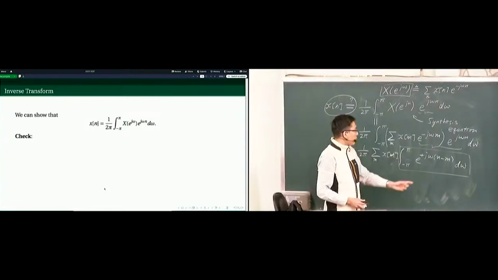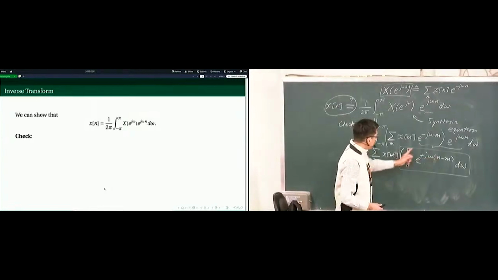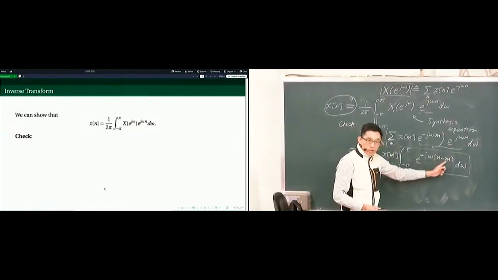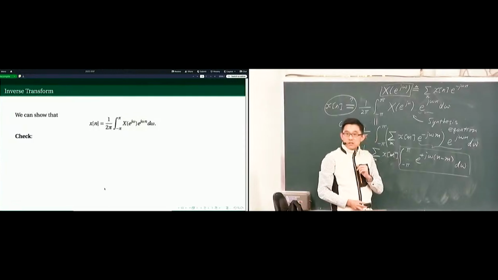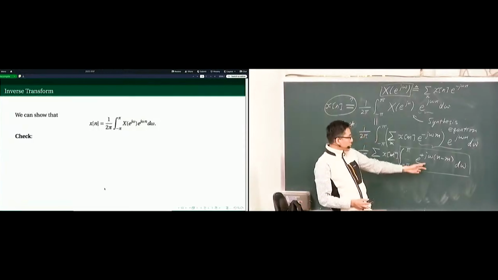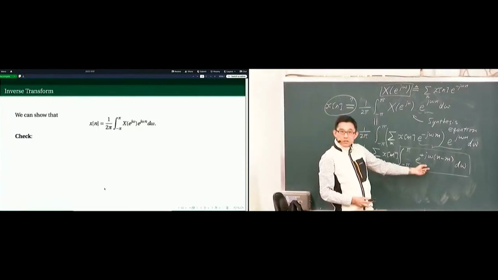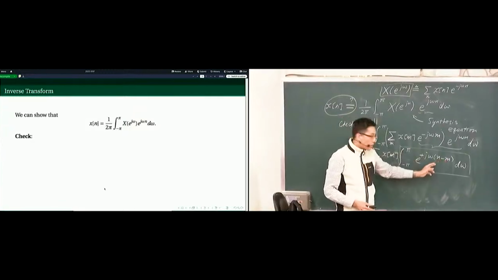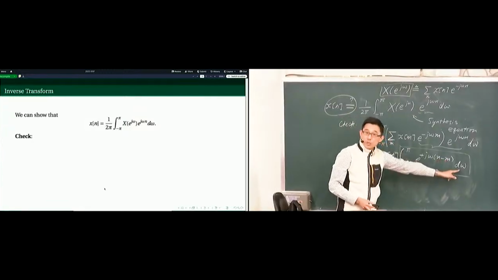This integral is non-zero only if n equals m. Can we agree on that? Yeah, because it's cosine plus j sine, both are periodic, and n and m are integers. And this integration is with respect to omega, right?